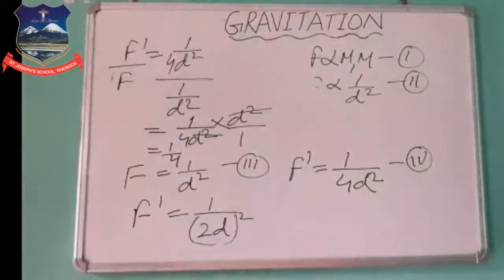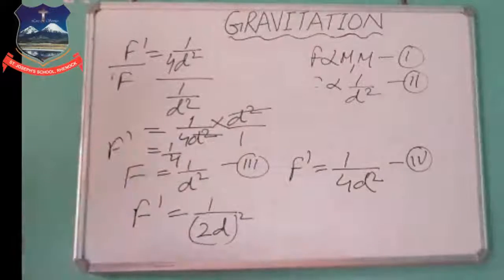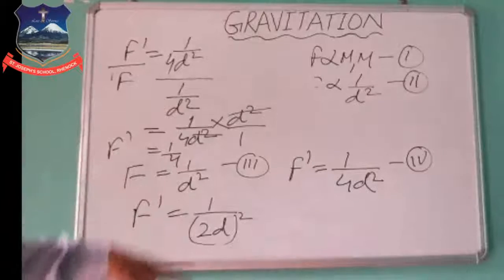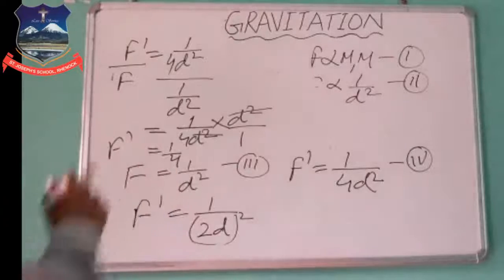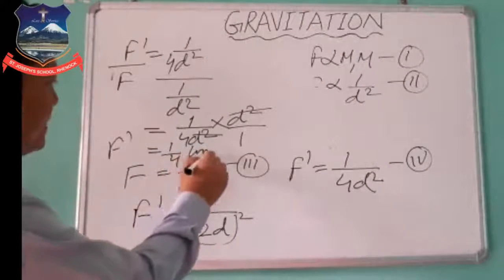So F dash will become 1 by 4. That means when the distance is doubled, the gravitational force will become 1 by 4 times.